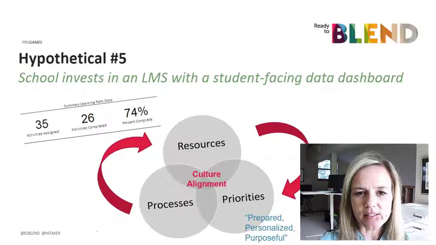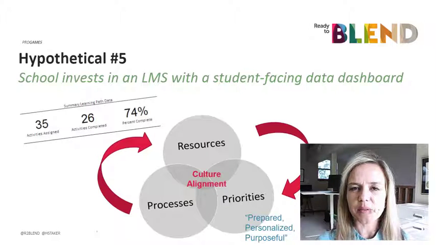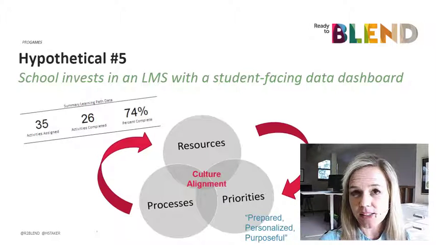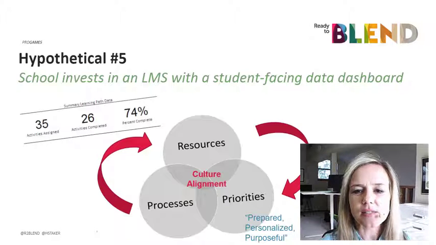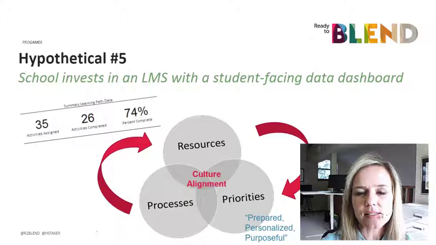Okay, last hypothetical. The first 4 hypotheticals focused on the cultural alignment between processes and priorities. It's also possible to analyze the alignment between your resources and your priorities. So let's imagine this hypothetical. Suppose that the problem is that your school needs a new learning management system, a new LMS, and you choose to license an LMS that specializes in a really tremendous student-facing data dashboard.